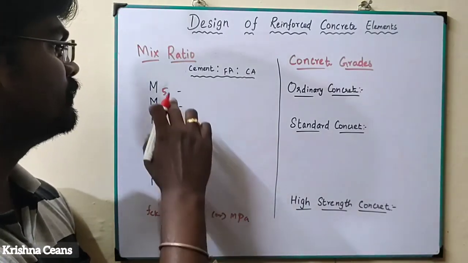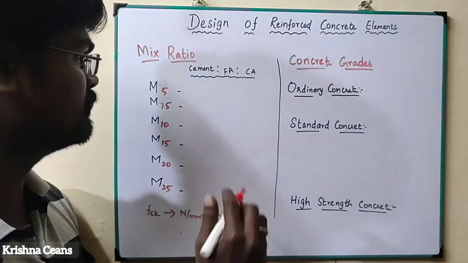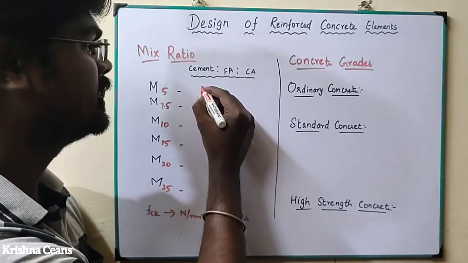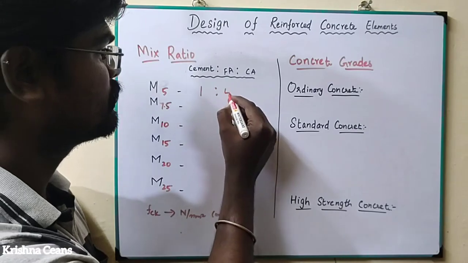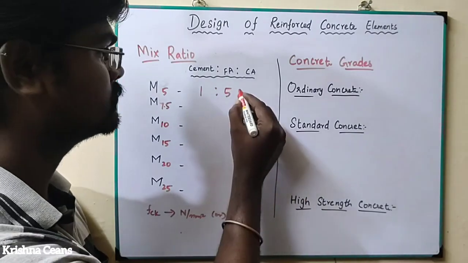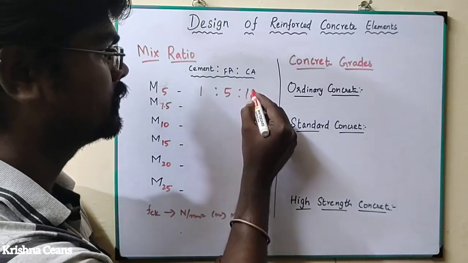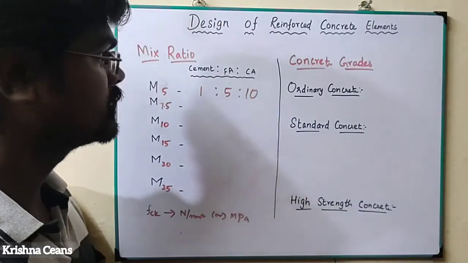For the mix proportion of M5, we can remember it easily: 1 portion of cement, 5 portions of fine aggregate, 10 portions of coarse aggregate.